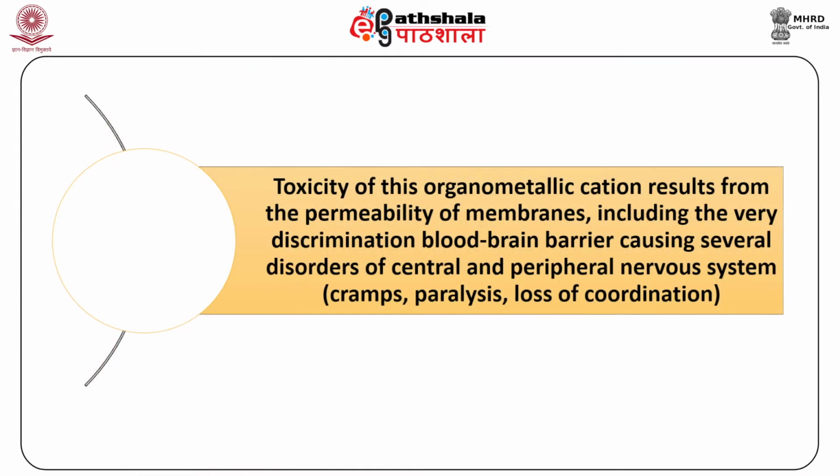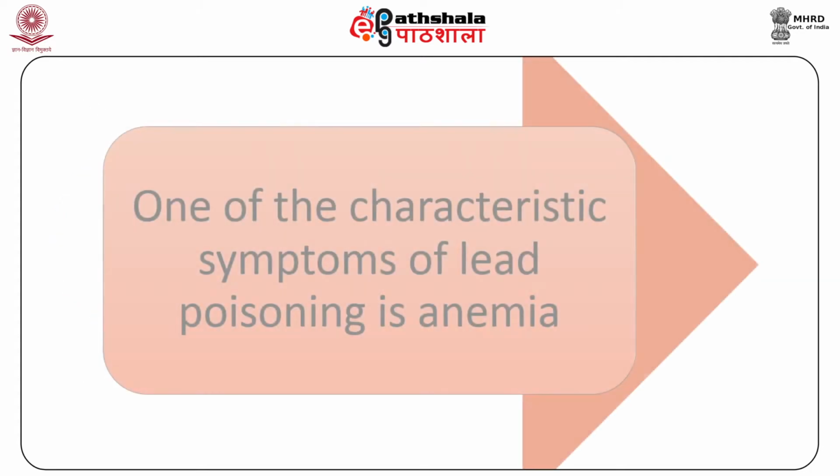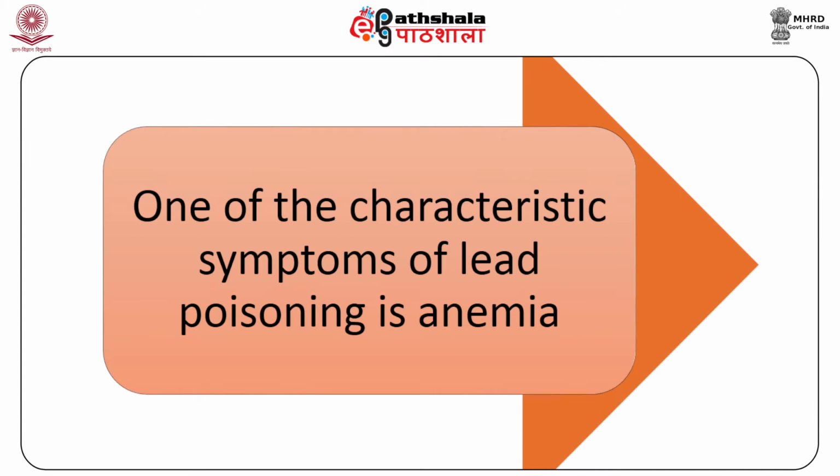Toxicity of this organometallic cation results from its permeability through membranes, including the very discriminating blood-brain barrier, causing several disorders of the central and peripheral nervous system, cramps, paralysis, loss of coordination. One of the characteristic symptoms of lead poisoning is anemia.